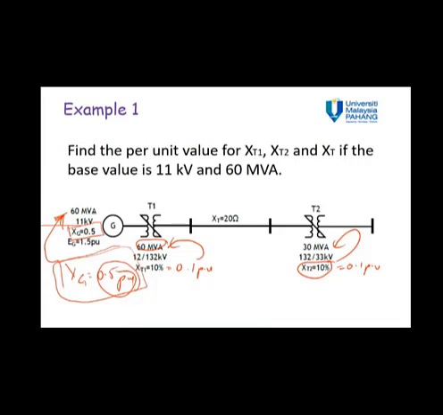All the bases are not equal, so we have to change these referring values. We have to convert them into one standard value. Usually we take S base as 100 MVA. This is our new base, so that we can convert this old per unit, as we call it, into the new per unit value.